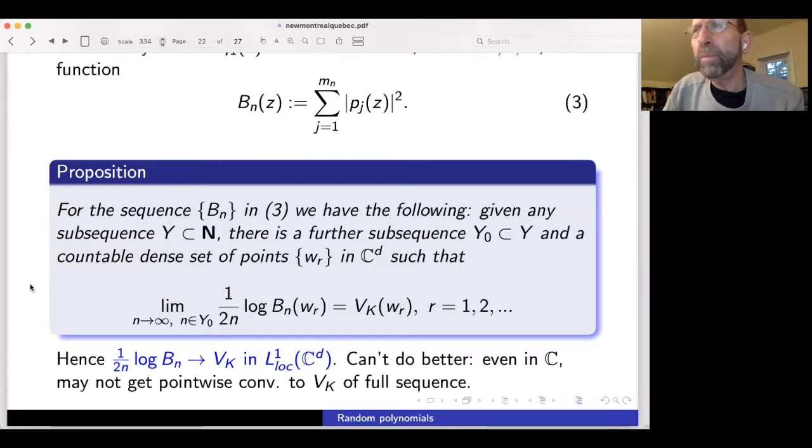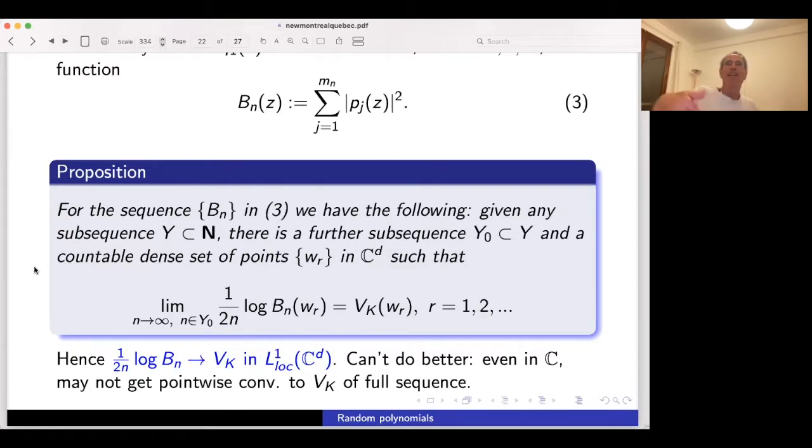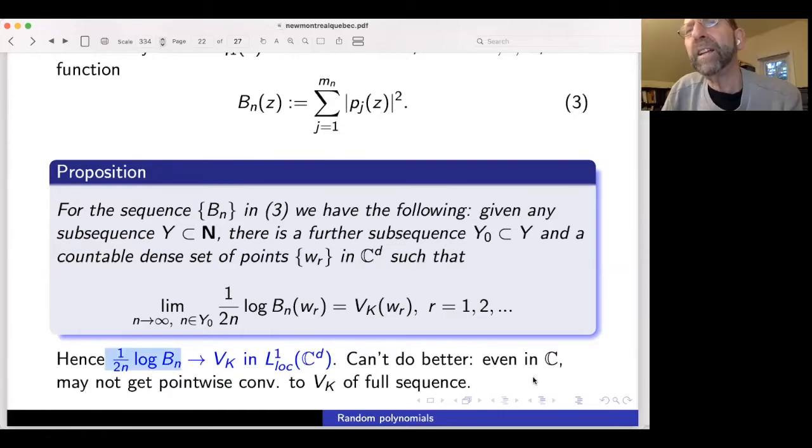Can you explain in one minute why that's sufficient to prove L1 log convergence? Well, it's probably because to show L1 log convergence, you want to show that for every subsequence of this sequence, you can get a further subsequence that converges. Oh, I think I understand.